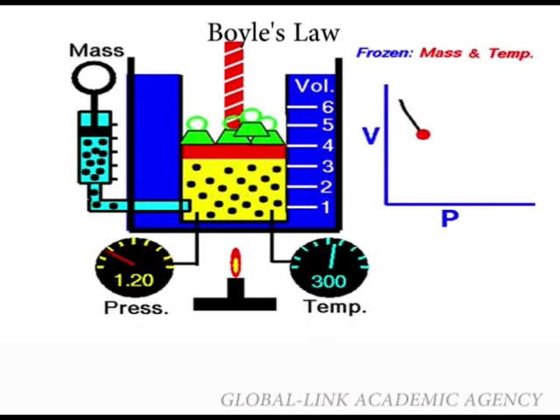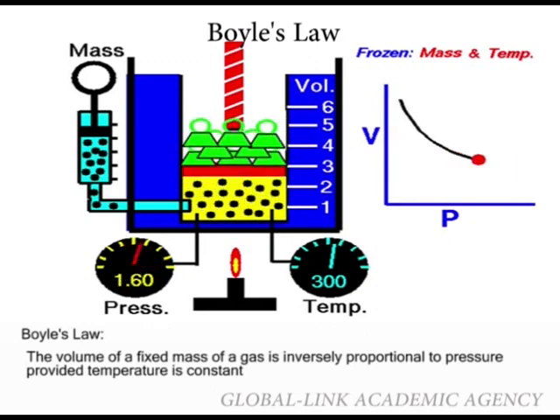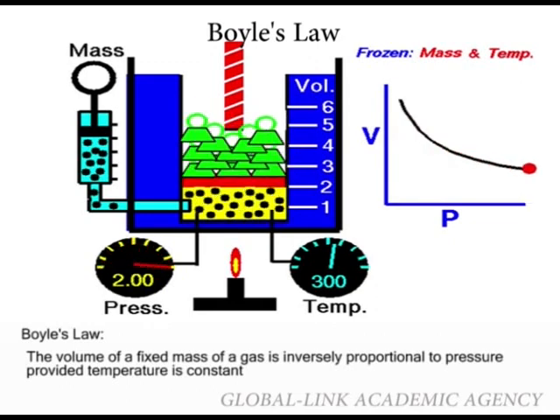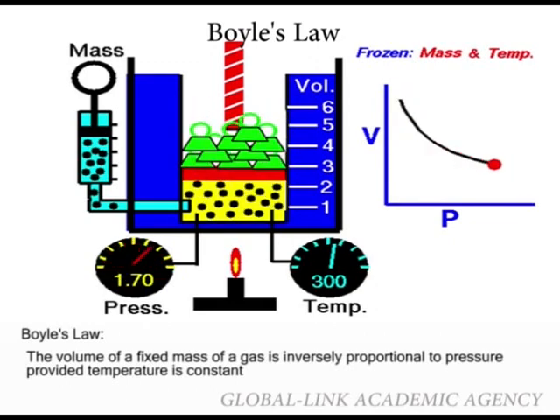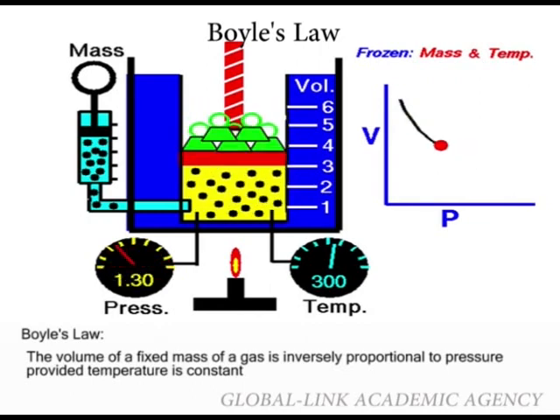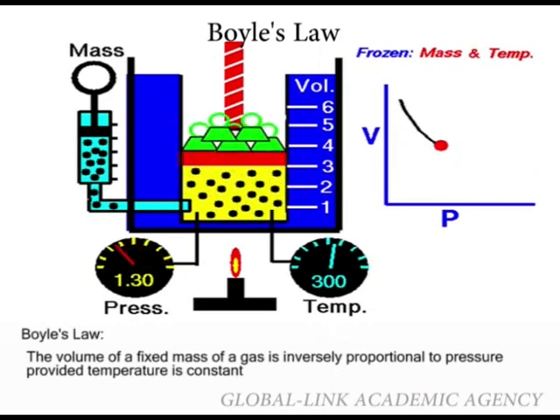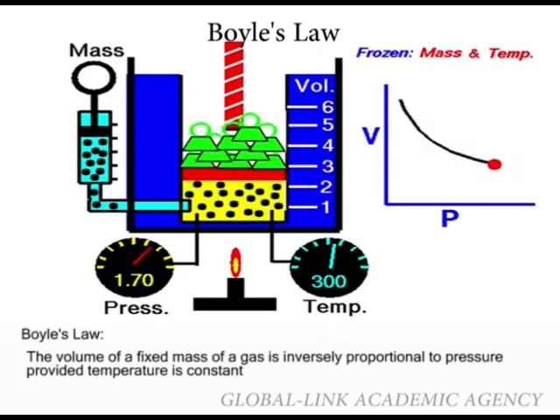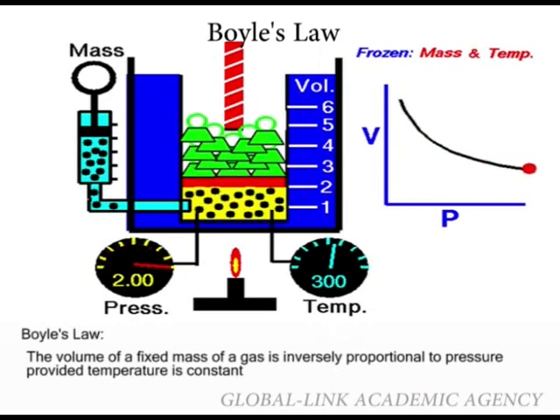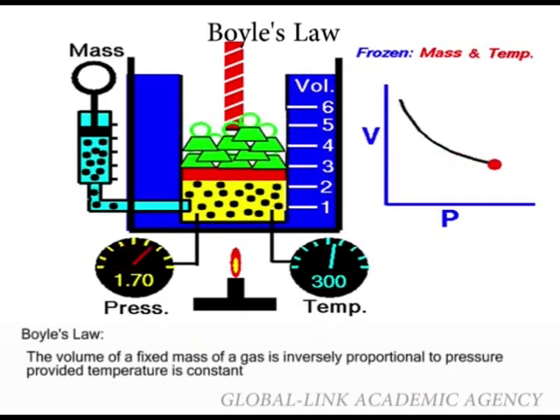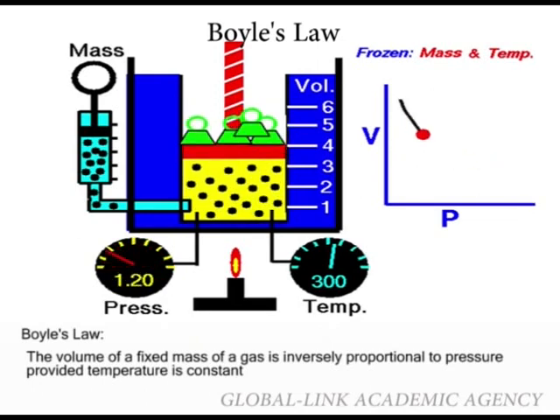Boyle's law states that the volume of a fixed mass of a gas is inversely proportional to pressure, provided the temperature is kept constant. If you plot a graph of volume against pressure, it will appear as per the animation. To obtain a linear curve, we plot P against 1 over V or V against 1 over P.